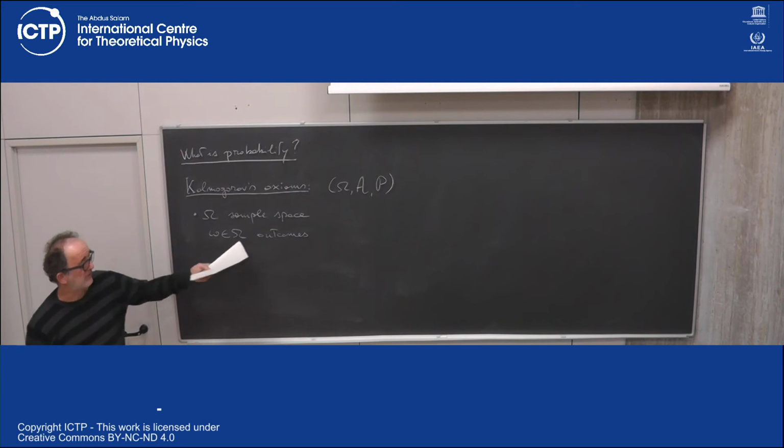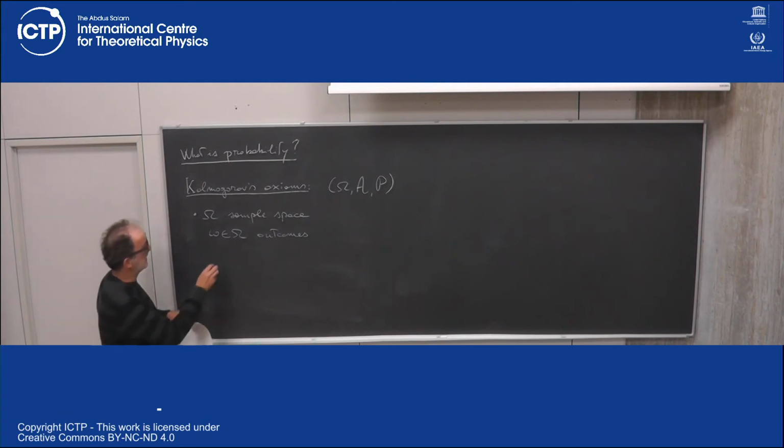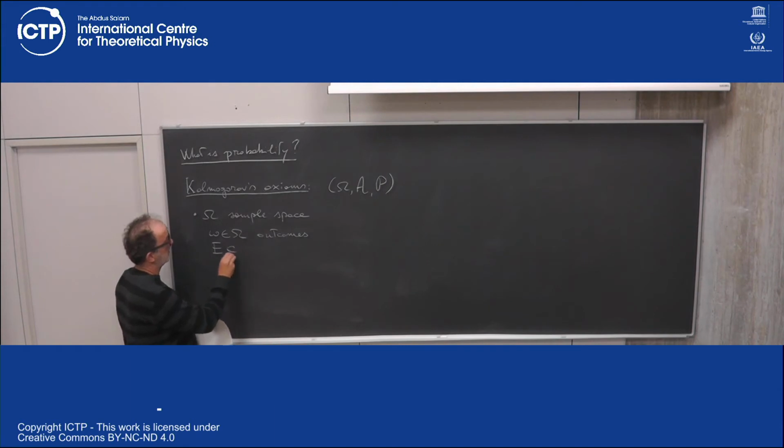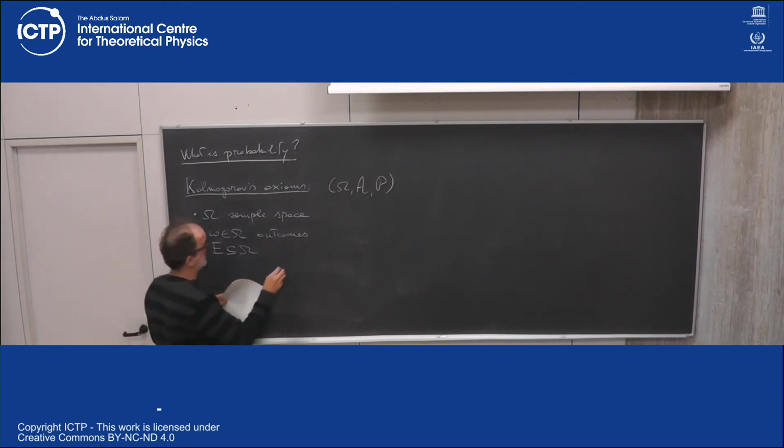Okay, all possible outcomes of an experiment, all possible states of the world if we are interested in a prediction, etc. And a subset of this sample space is an event.